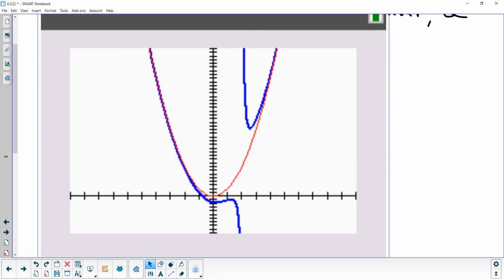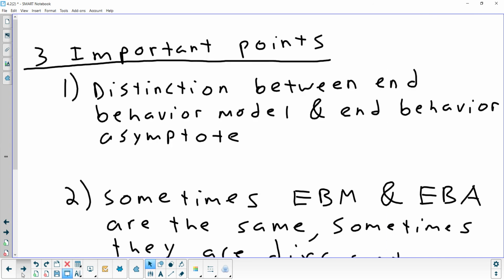All right. So we're going to try to figure out how we would sketch something like this by hand, and it's very similar to what we did yesterday. Okay, we're going to plot some points. We're going to put in some asymptotes, especially the vertical one. That's going to help us, and see what we can do.